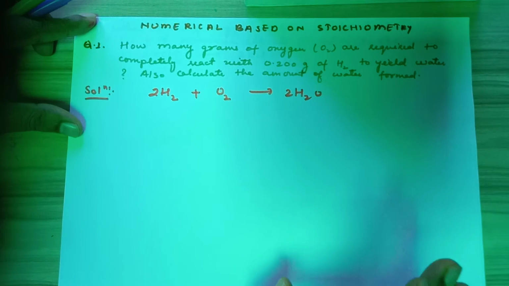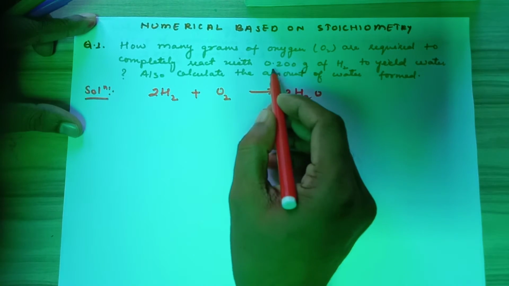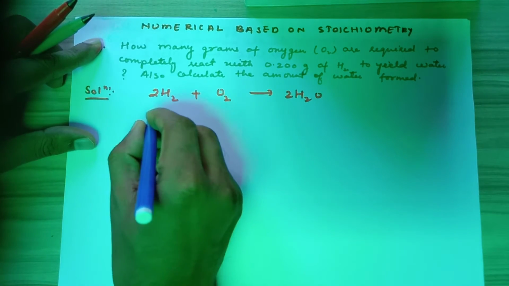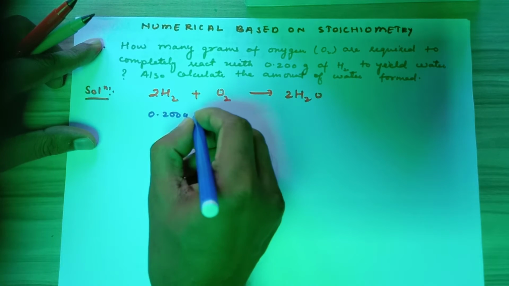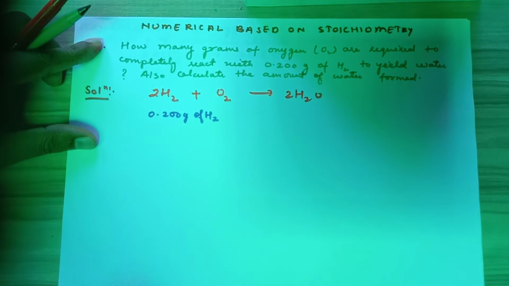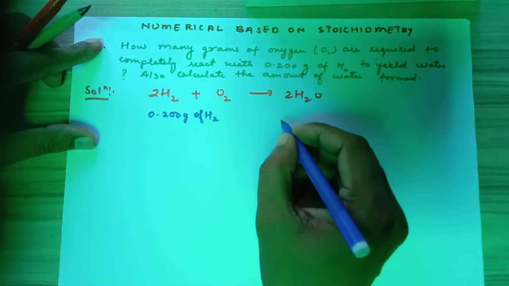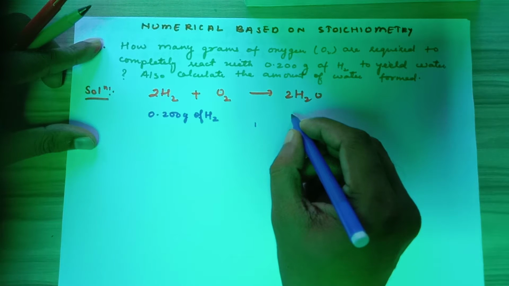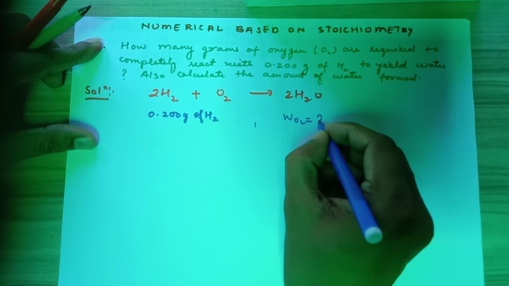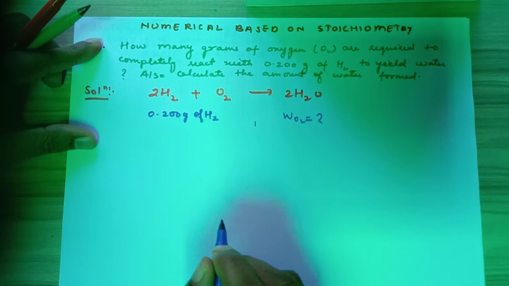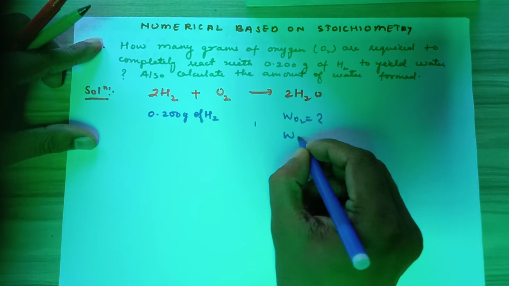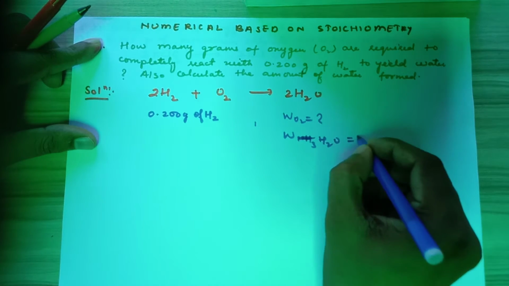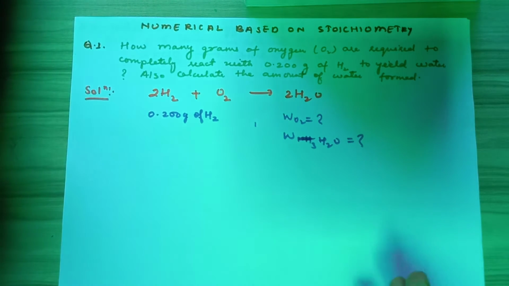This is the general interpretation, and we are given 0.200 gram of H2, and we have to find out the amount of oxygen, that is, the weight or mass of oxygen, and also the amount of H2O formed. So both in terms of grams only.